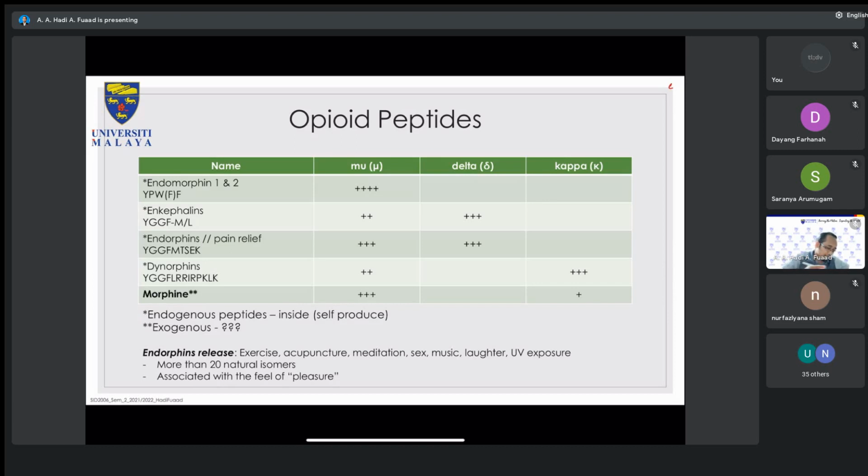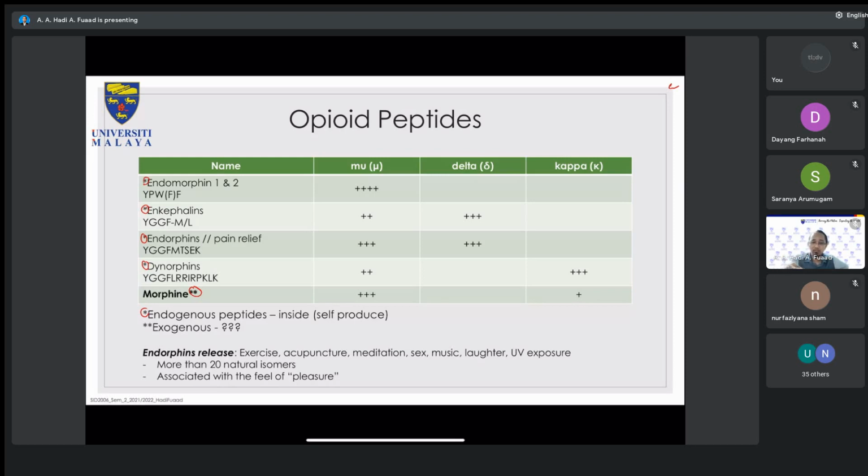Now, there are generally five types, not examples, of opioid peptides that have effects on either mu, delta, or kappa receptors. You can see here a single star and a double star. A single star means it's an endogenous peptide, produced by our own body.